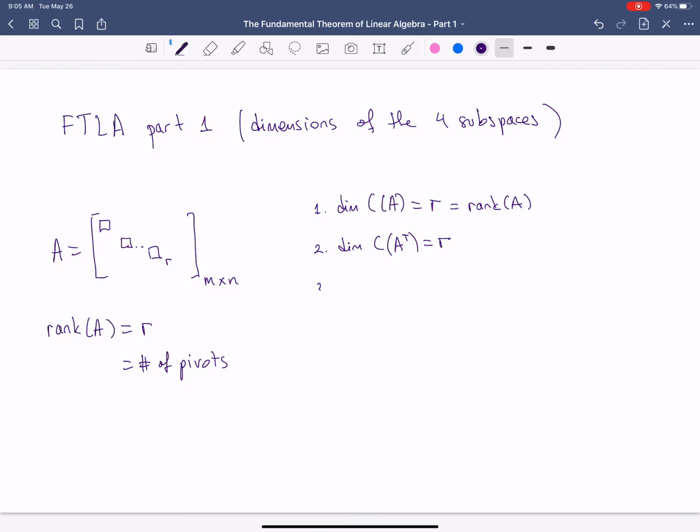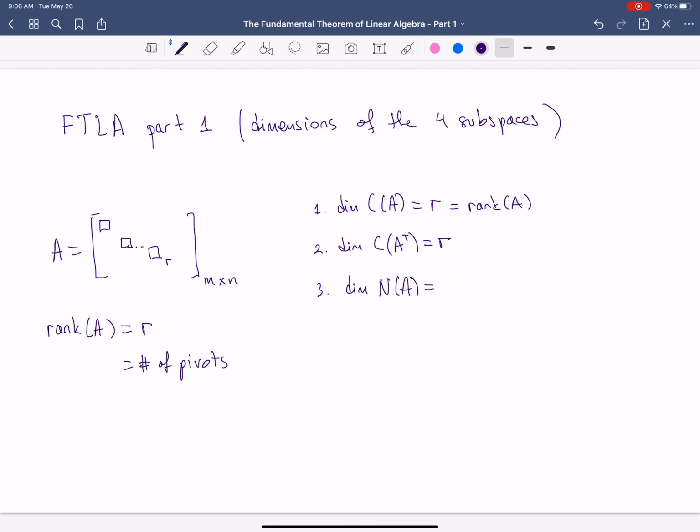Now, the dimension of the null space. What is this? Well, remember that the way we find the null space is we look for special solutions, and we get one special solution for each free variable.